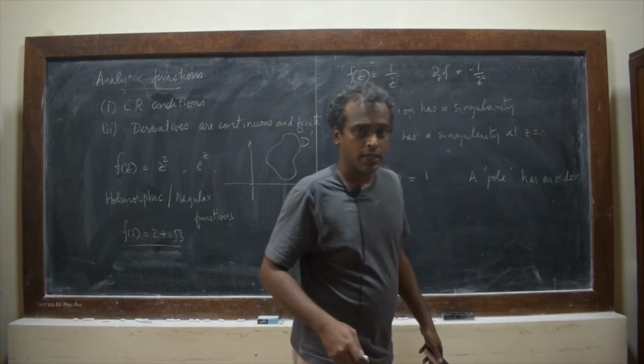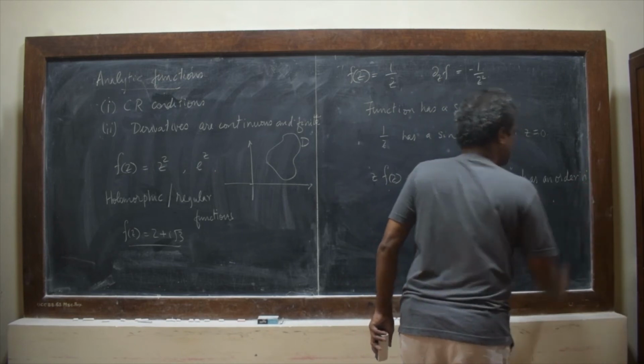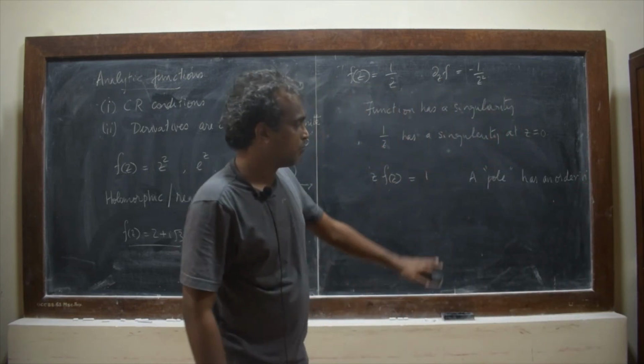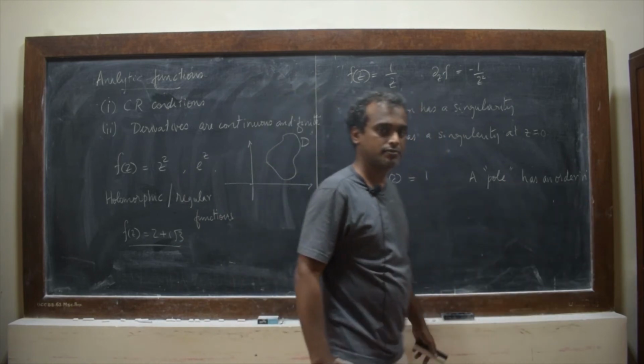If n is the degree of the polynomial that we multiply, then we say that the pole has an order n.